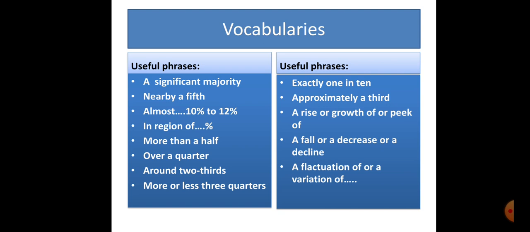More than a half, over a quarter, around two-thirds, more or less three-quarters, and some other phrases, that is exactly 1 in 10, approximately a third, a rise of, growth or a peak of, a fall or a decrease or a decline, a fluctuation of or a variation of. These all phrases you can use in describing a graph chart.